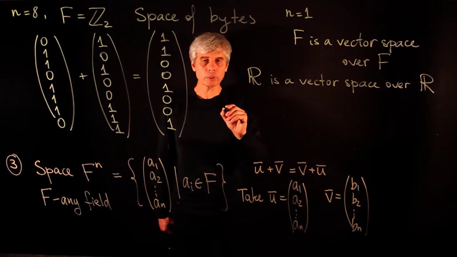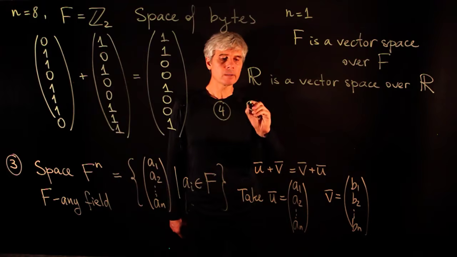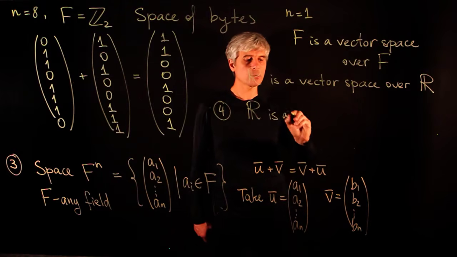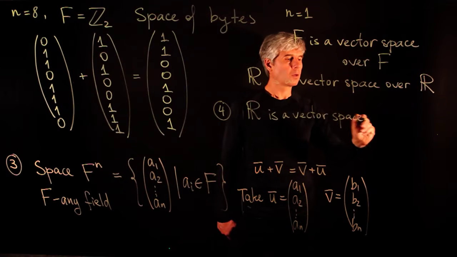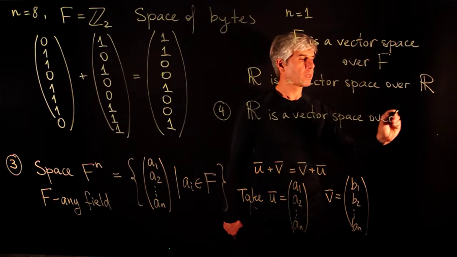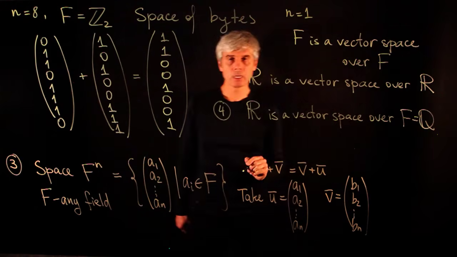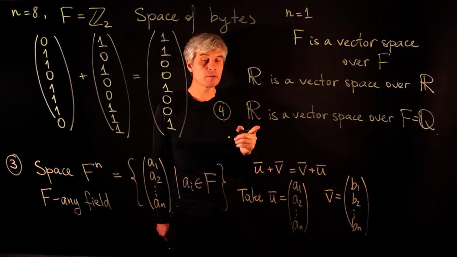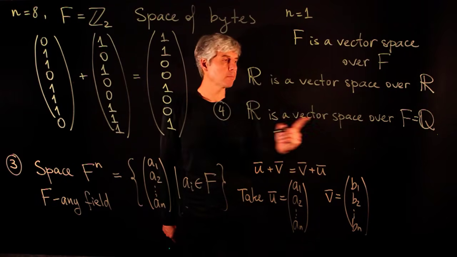But we can also do an interesting twist on this, and we can say that R is a vector space over the field F, not of real numbers, but rational numbers. So here vectors are real numbers, and we can add them and we can multiply them by scalars.